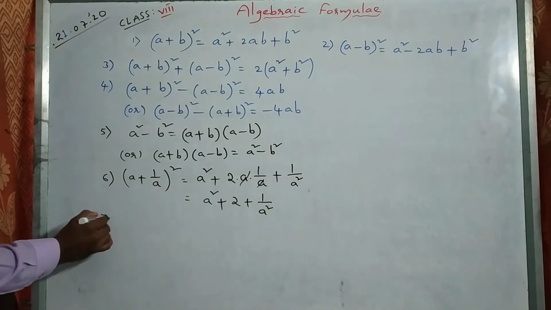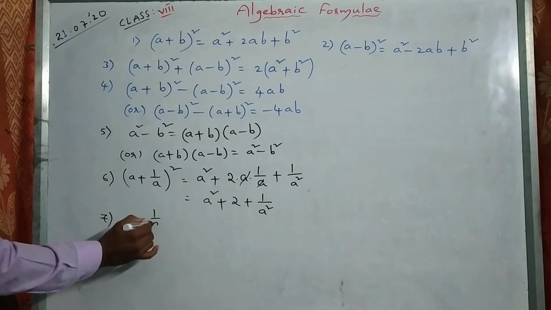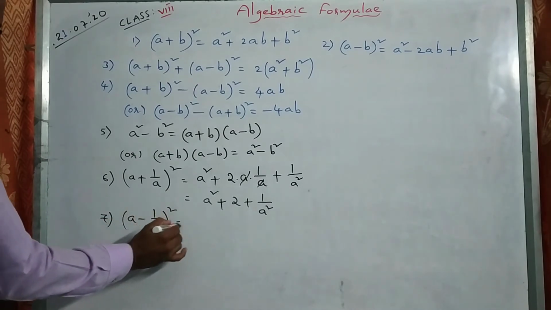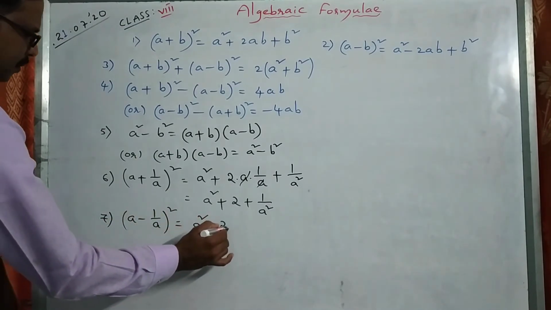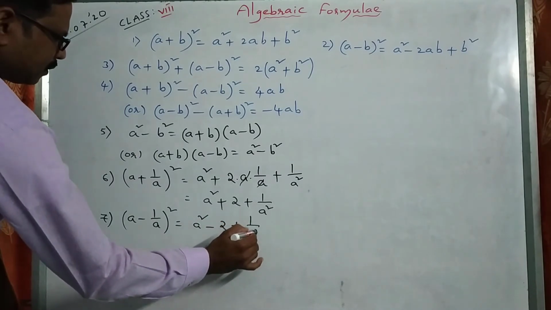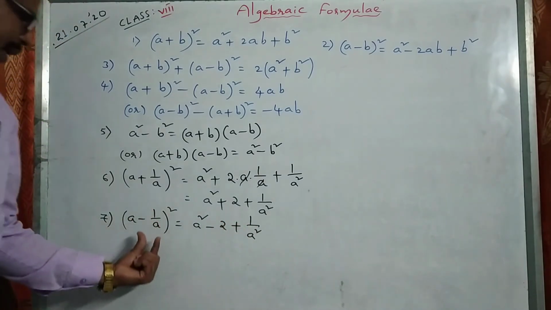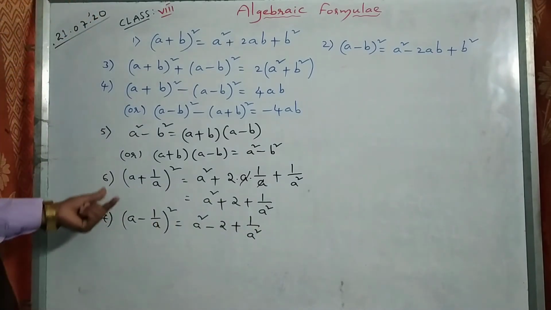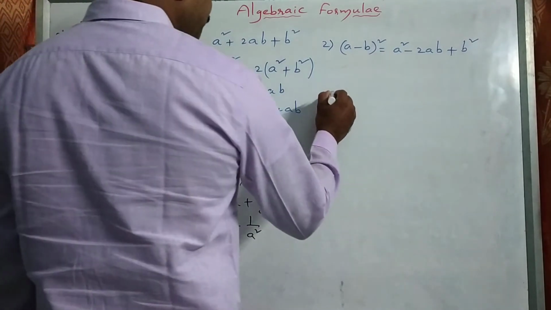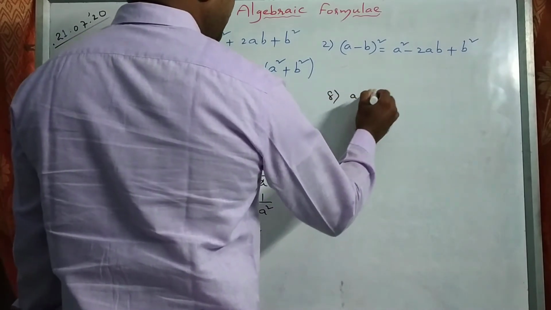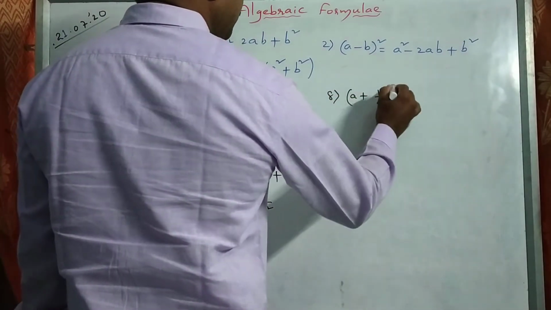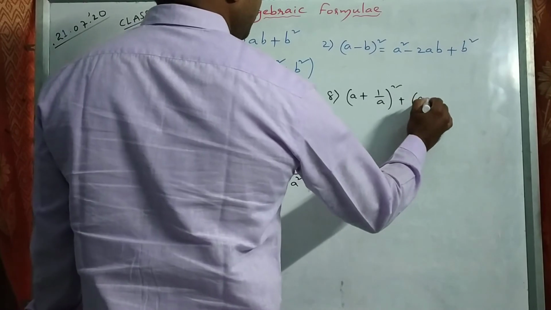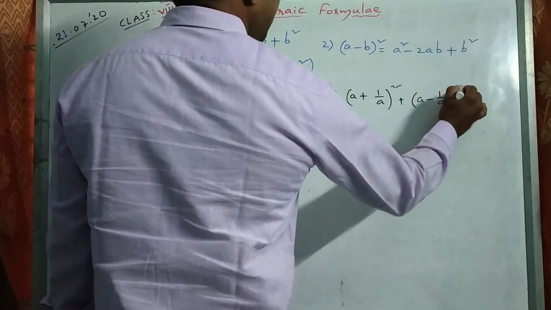Similarly, (a minus 1 by a) whole square also you can write a square minus 2 plus (1 by a) square, because (a minus b) whole square is a square minus 2ab plus b square. Now I am adding these two, eighth formula, (a plus 1 by a) whole square plus (a minus 1 by a) whole square.